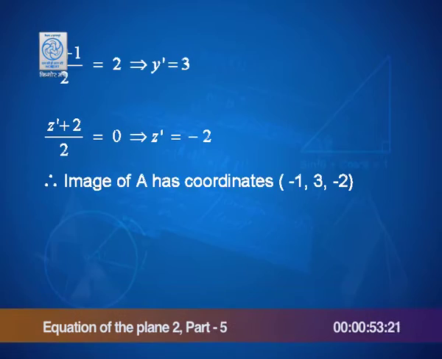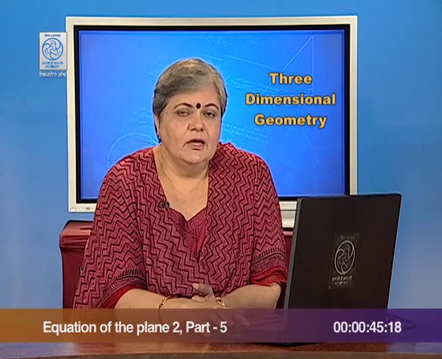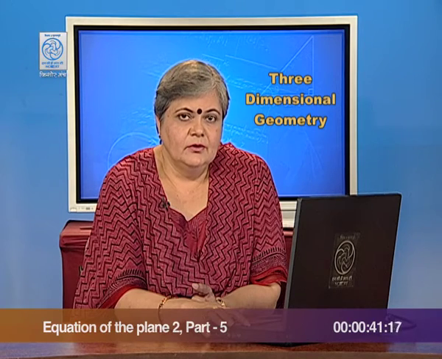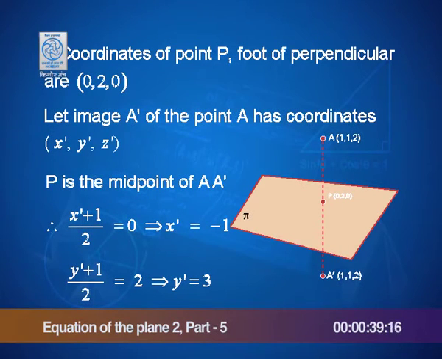Similarly, I find y dash and z dash. Using the simple understanding of the image being formed equidistant from the plane, and AA dash being perpendicular to the plane, we have the coordinates of the image as -1, 3, -2.